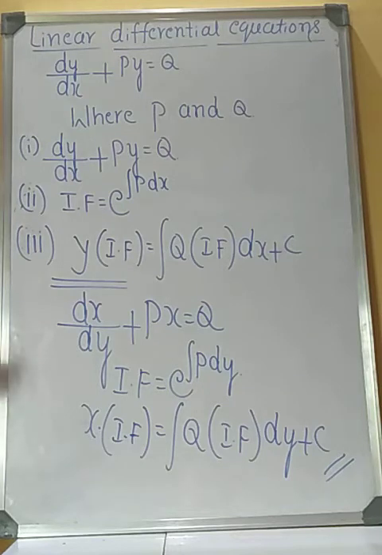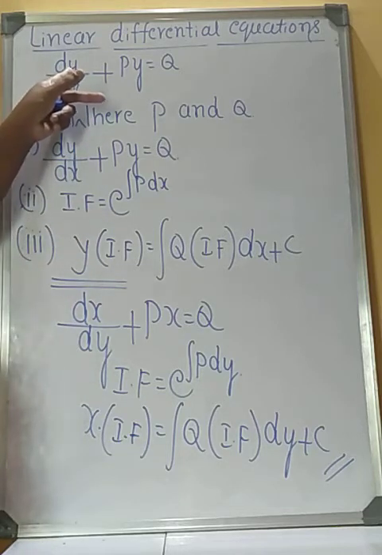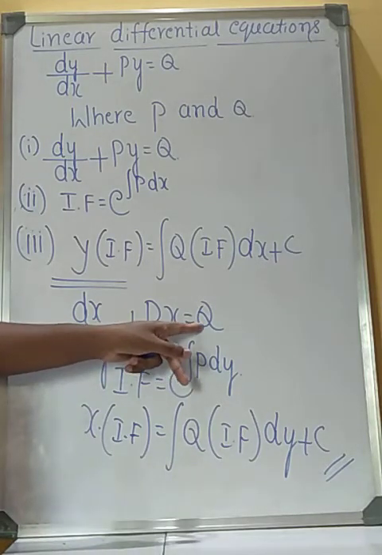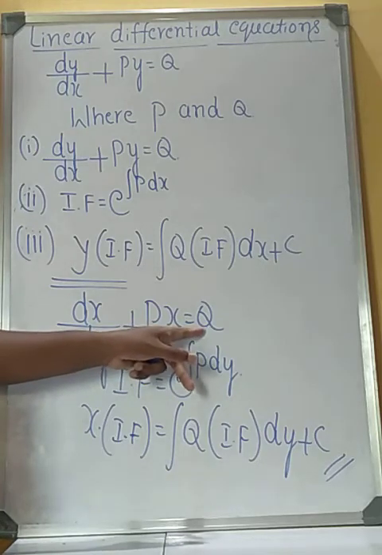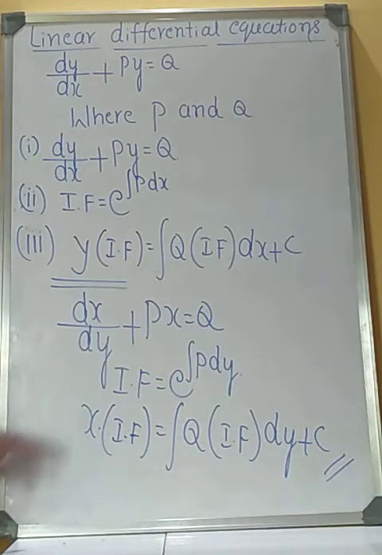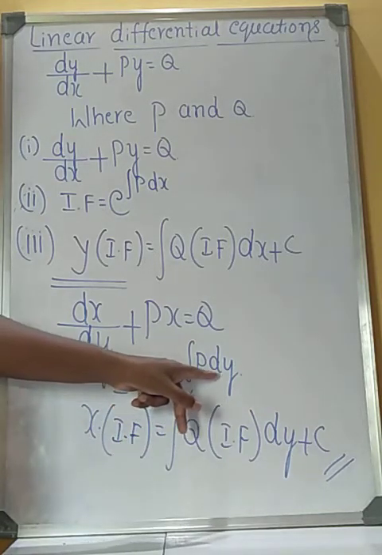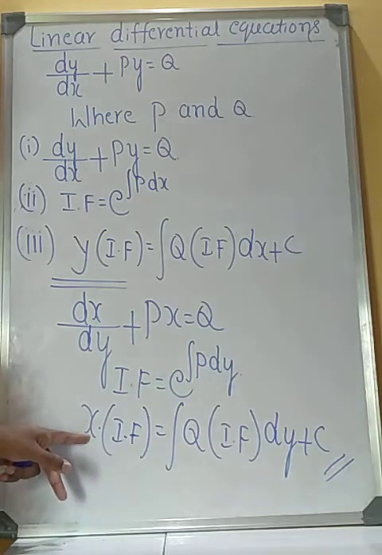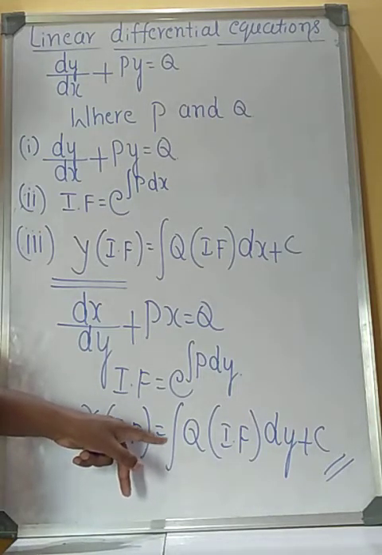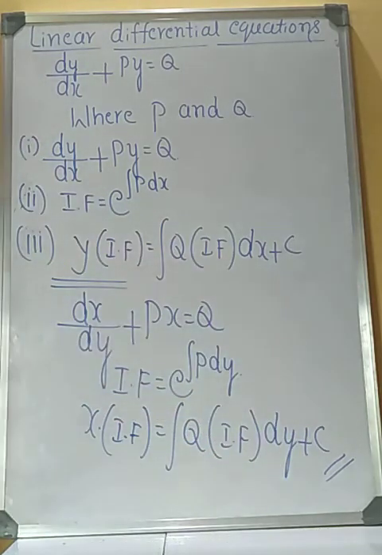In case the differential equation is in the form dx by dy plus px is equal to q, where p and q are constants or functions of y only, then find the integrating factor equal to e power integral of p dy, and write the solution: x into integrating factor is equal to integral of q into integrating factor into dy plus c.